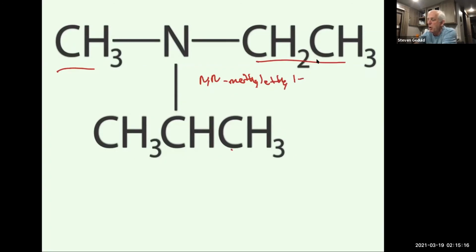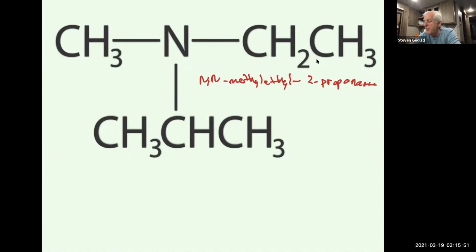This is propyl, there's 3 carbons, and it's attached to the number 2 position. That's an L, not a 1. Make that a little clearer. There you go. Methyl ethyl. And then number 2, propyl, for systematic name propane amine. The common name would just be methyl ethyl 2-propyl amine.